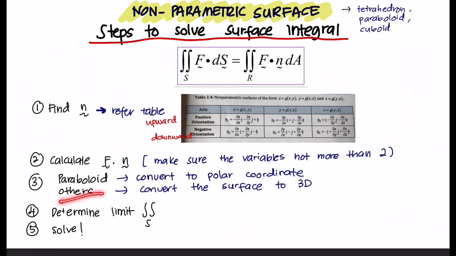But for others, convert the surface to 2D, two dimensions. Step number 4: determine the limits based on your figure or your surface. And the last one, solve the integration.